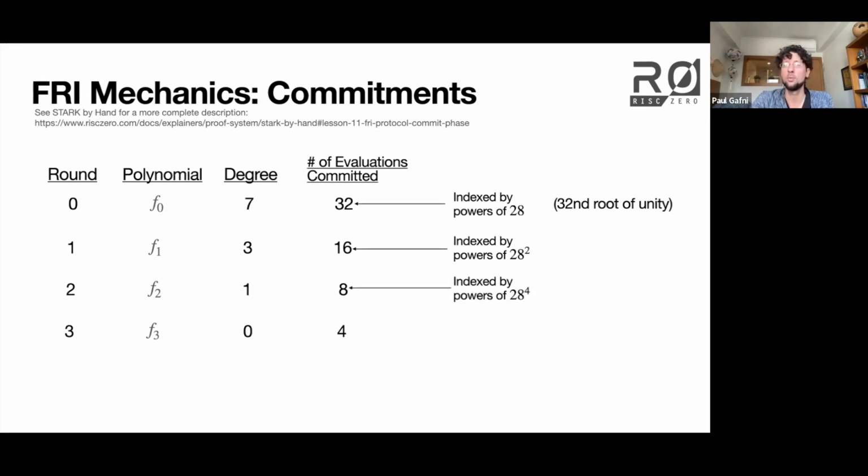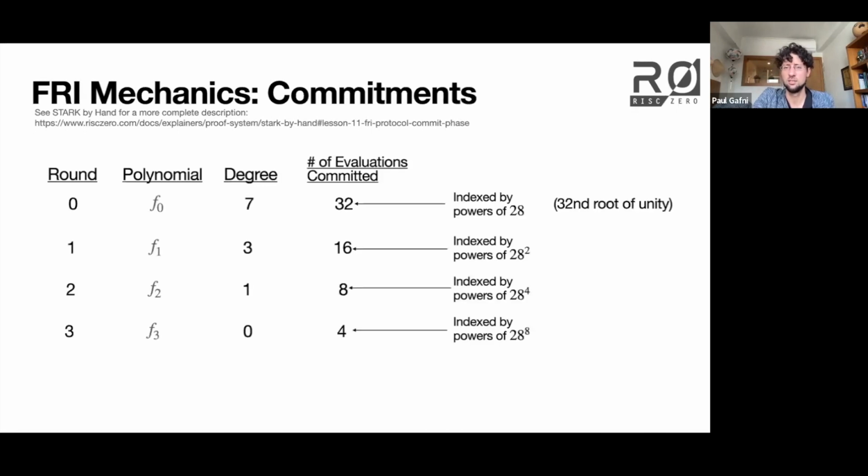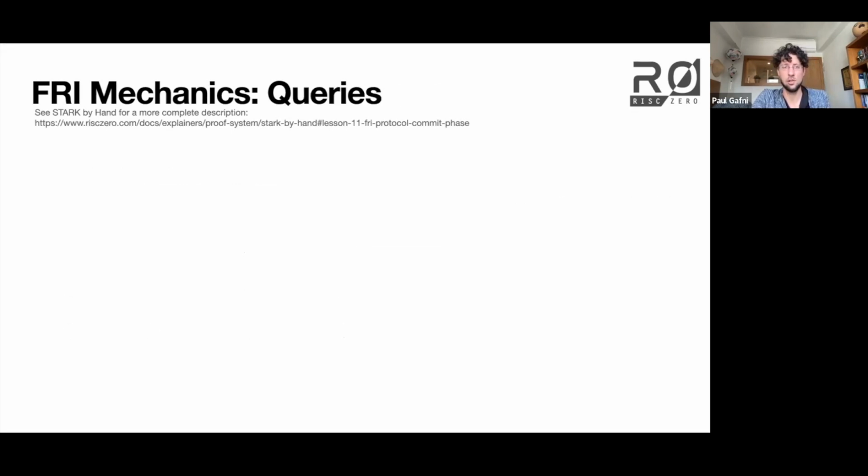For the next one, we evaluate F2 at each power of 28 to the fourth. And finally, we evaluate F3 at each power of 28 to the eighth. Questions? Okay.